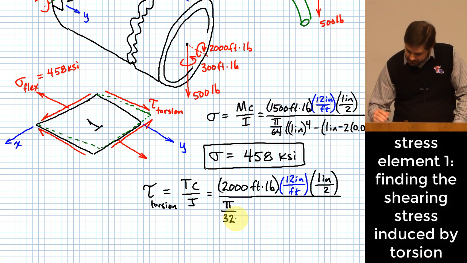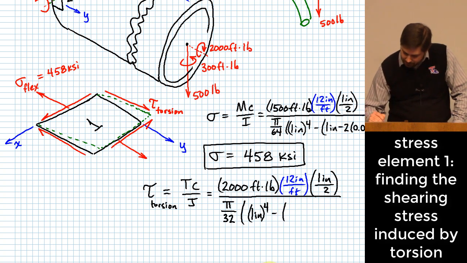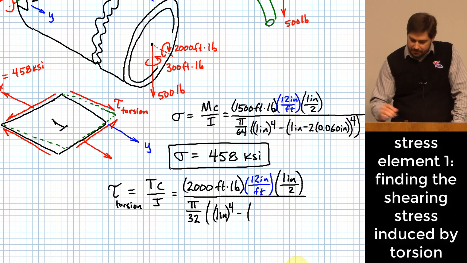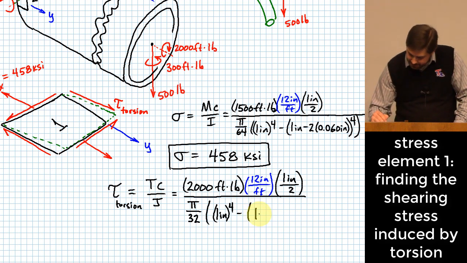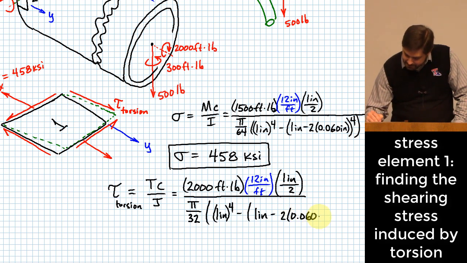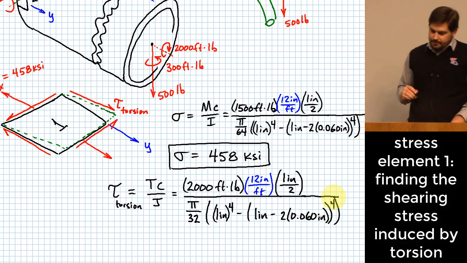So pi over 32 times 1 inch to the 4th minus, and then here we're finding the diameter to the inside wall of this tubular shaped member, and to get that I take 1 inch minus 2 times 60 thousandths of an inch, all that to the 4th.